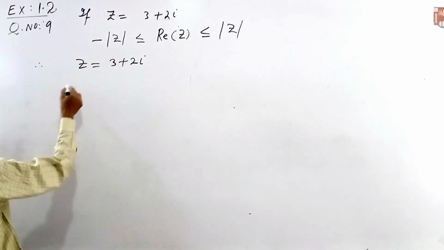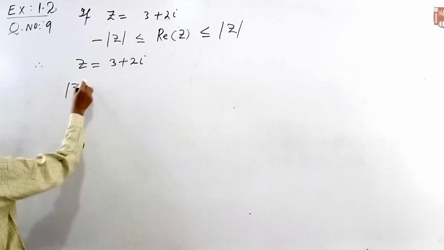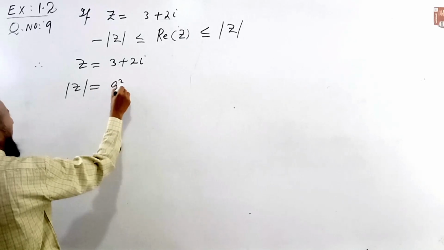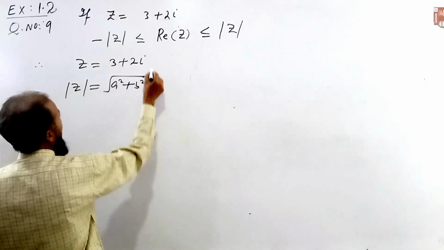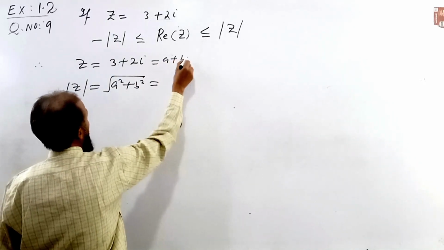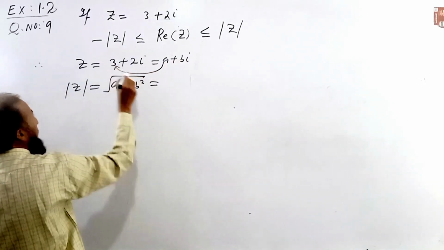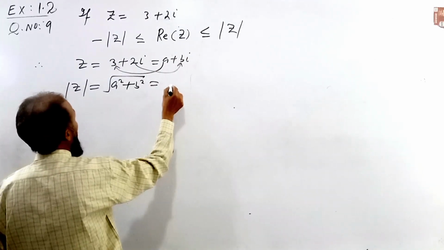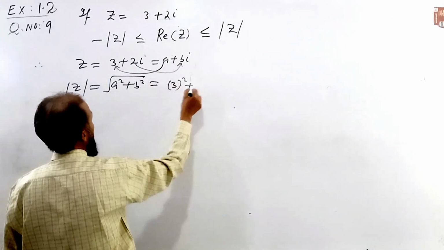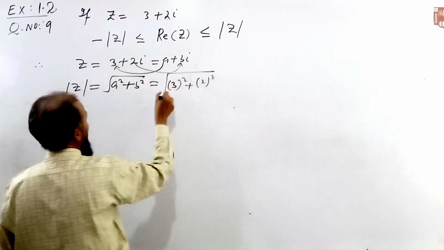So first of all, we find the absolute z according to the formula square root of a square plus b square. Comparing with a plus bi, here a is equal to 3 and b is equal to 2. We put here the square root of 3 square plus 2 square.